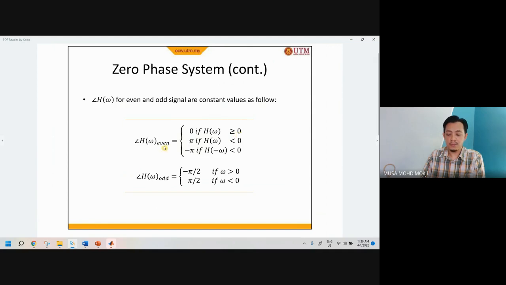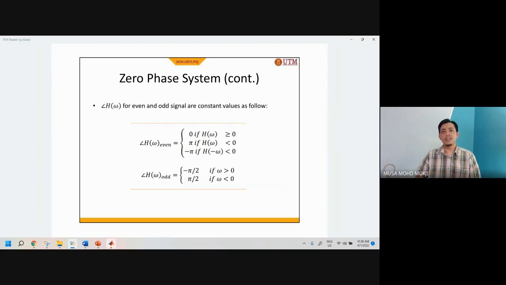Because if it is even, if you still remember the symmetry properties, H omega even is actually just equal to H omega, you will only have a real value only. So you won't have any imaginary value.